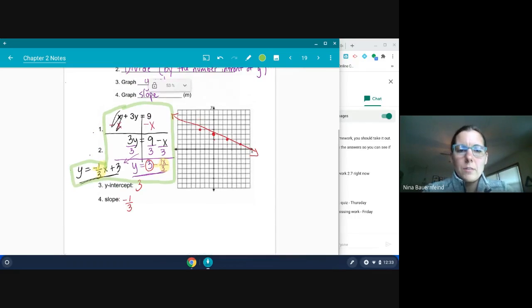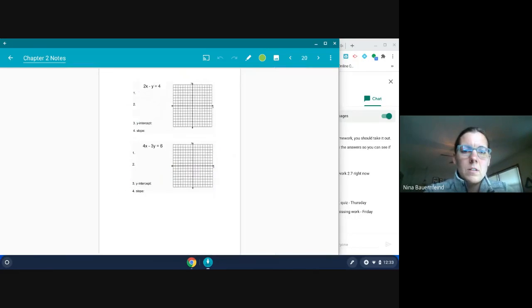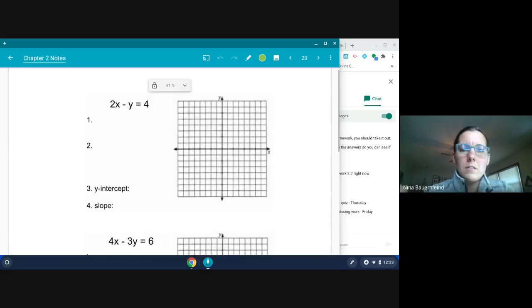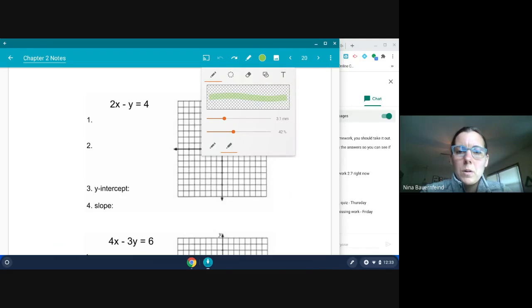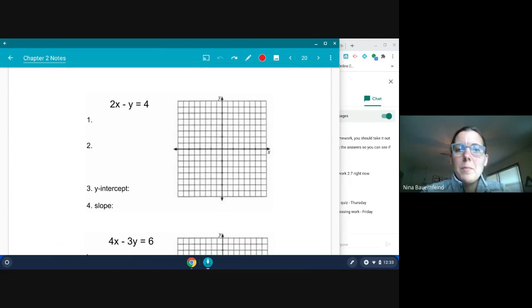All right, we've got another one on the next page. Okay, so take a minute. Please write this down. So the first step was to isolate y by moving the x. This is the x part.